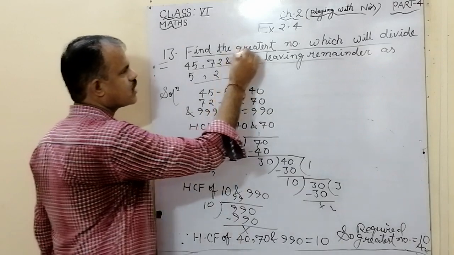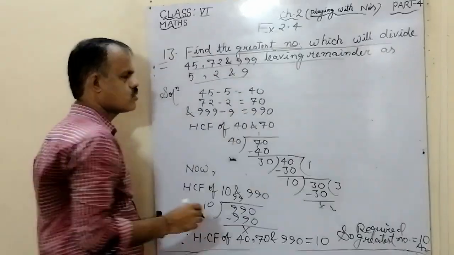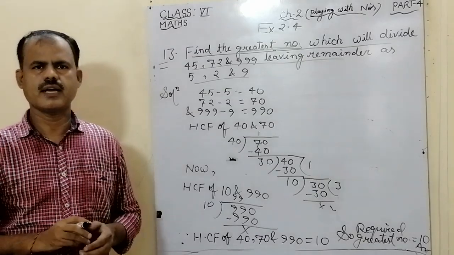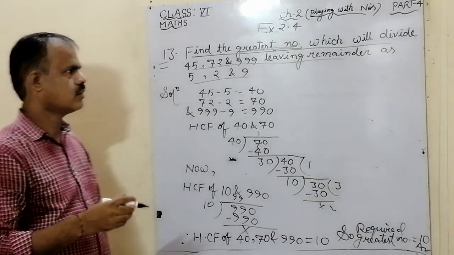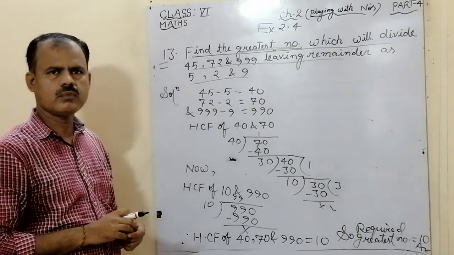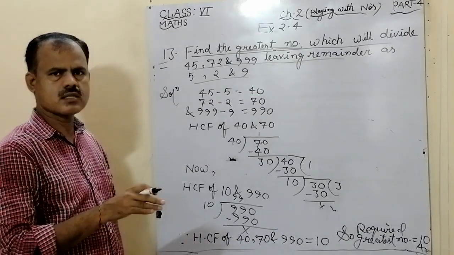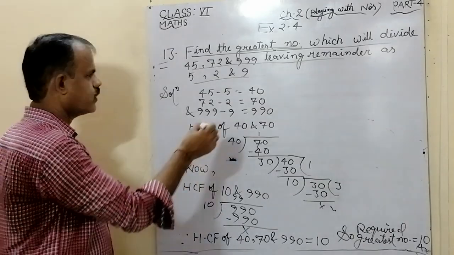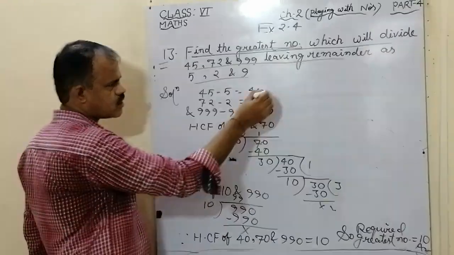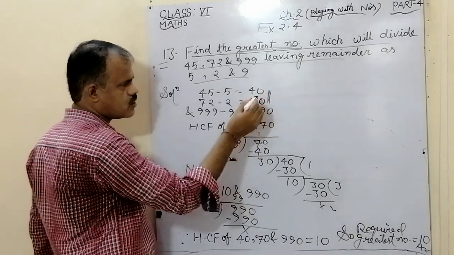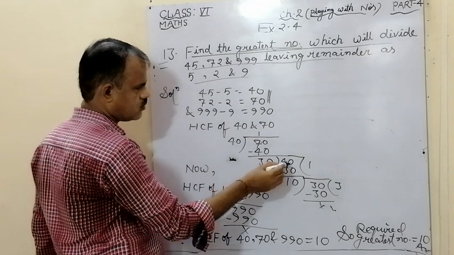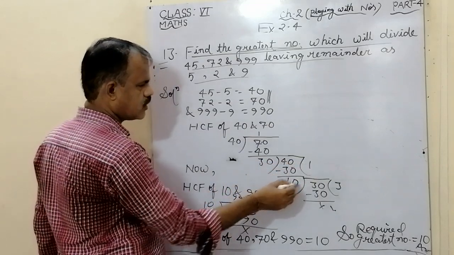So here you see greatest number. Greatest means HCF, and least number means LCM: minimum LCM, highest HCF. So we have to find out HCF of 40, 70, 990. First we find HCF of these two numbers 40, 70. 40 1 is 40, 30, 30 1 is 30, 10, 10 3 is 30.